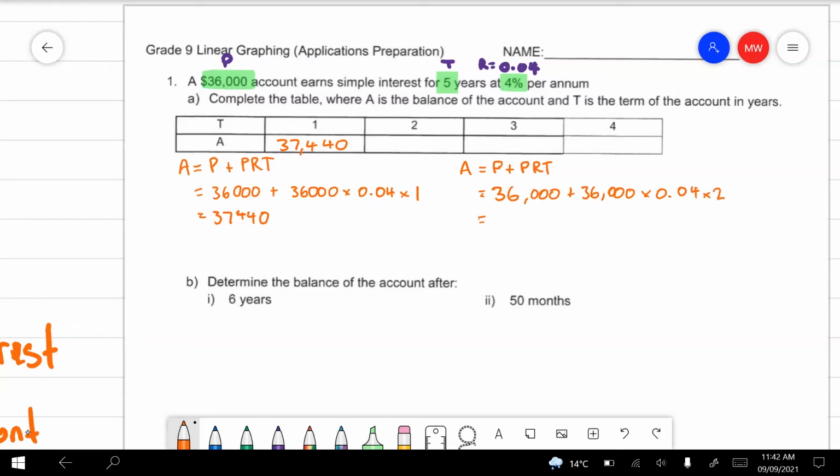This time that will come out as $38,880. And we'll write that into our table.